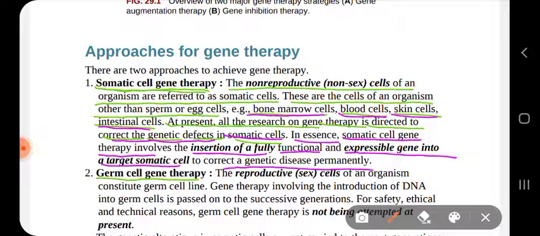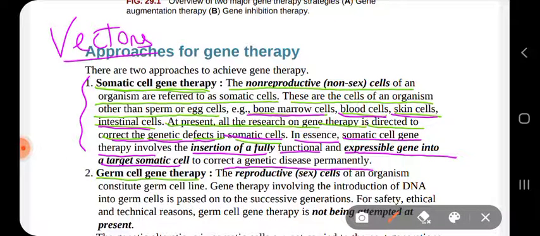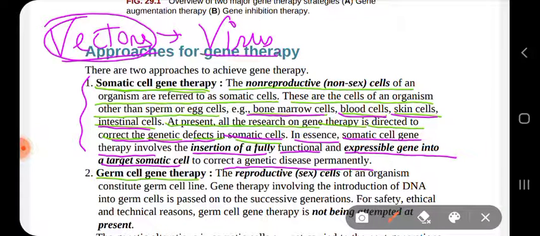Various vectors are being used nowadays. We cannot use plasmids here, but we can use other modes, like a virus as a vector.